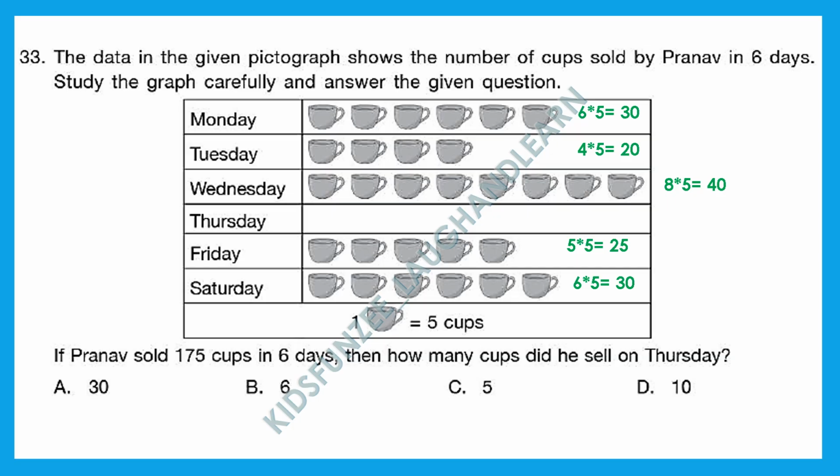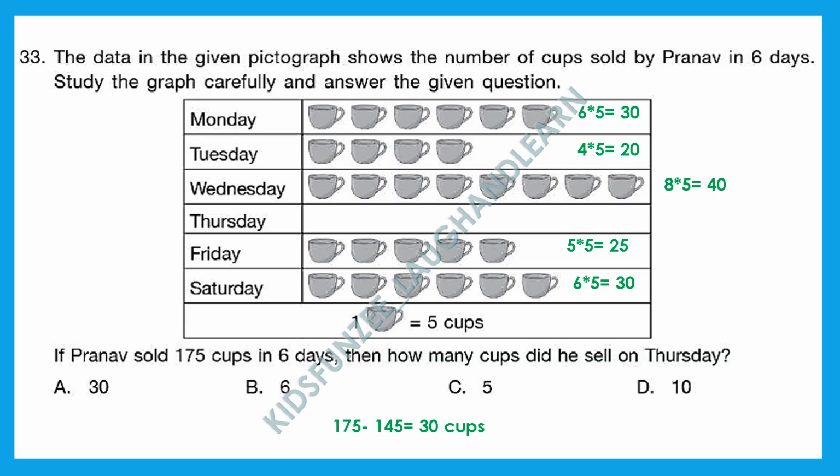Now if Pranav sold 175 cups in 6 days, then how many cups did he sell on Thursday? Very easy. We'll sum Monday, Tuesday, Wednesday, Friday and Saturday, and then we'll subtract that from 175 because that is total. So whatever would be the remaining, it would be for Thursday. Let's do that. 175 minus 145.